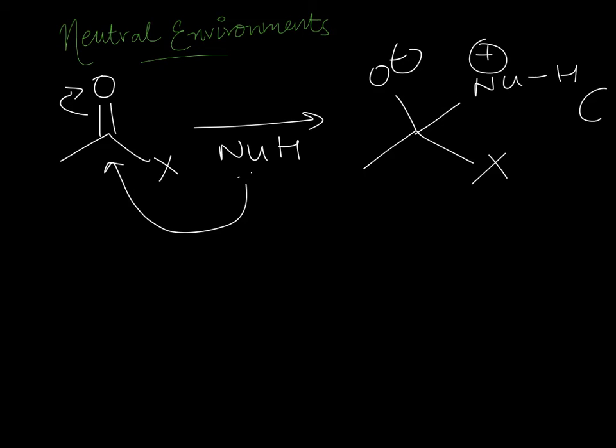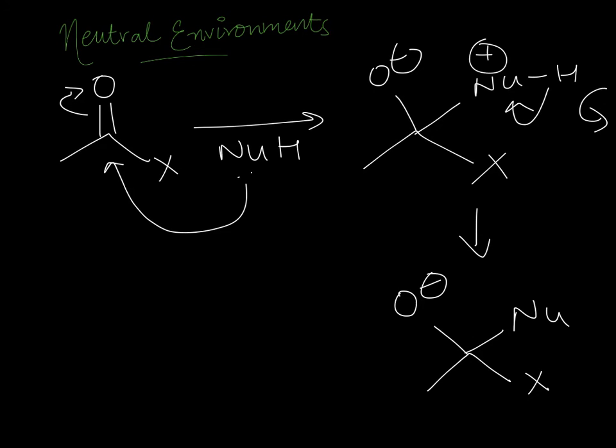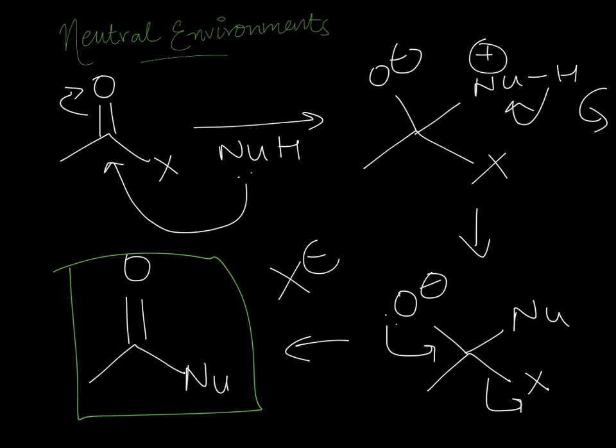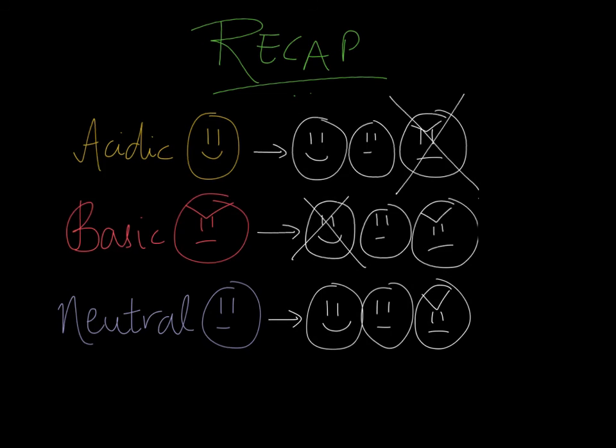Now you can deprotonate the nucleophile to give you this, and finally you can just collapse the tetrahedral intermediate and kick out the leaving group without having to protonate it to form the exact same product. And the point is that the leaving group here can leave with a negative charge because the environment honestly does not care.